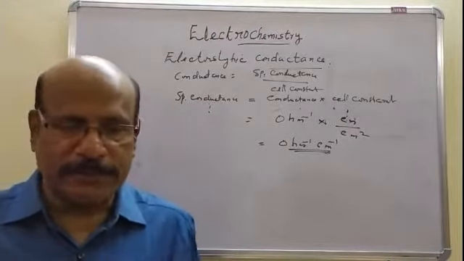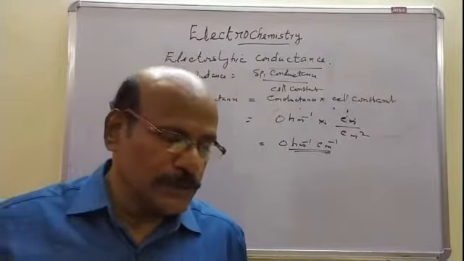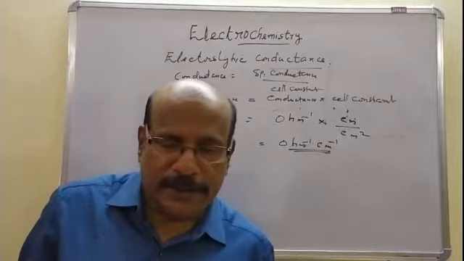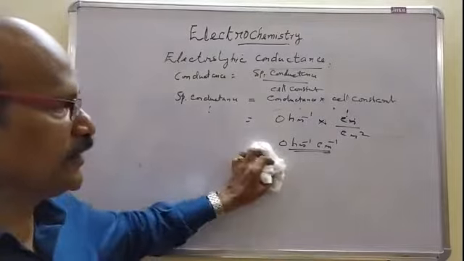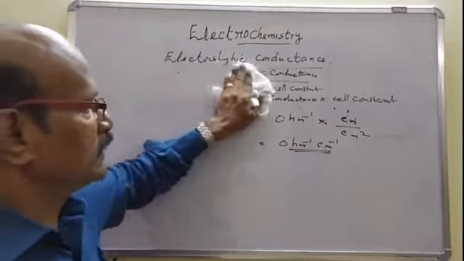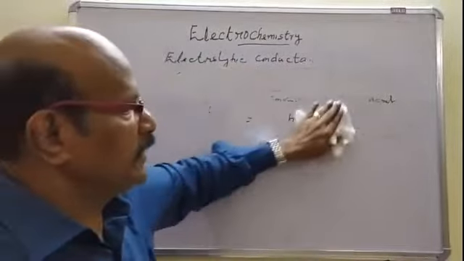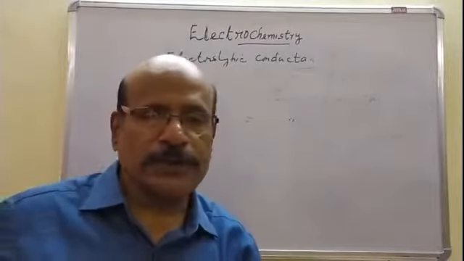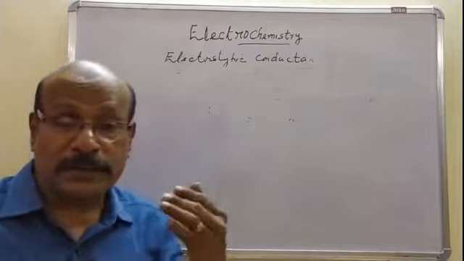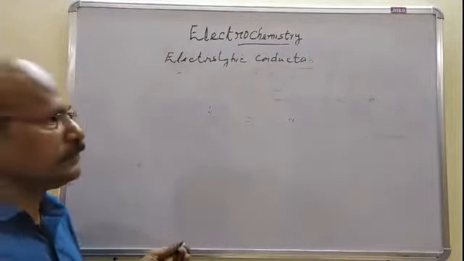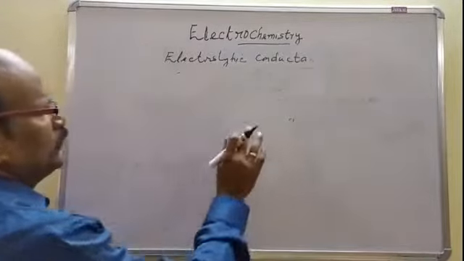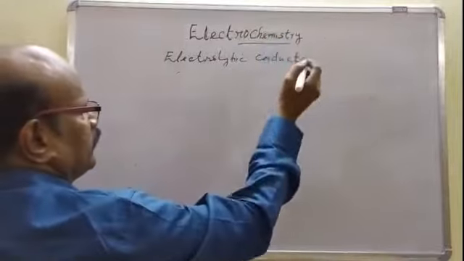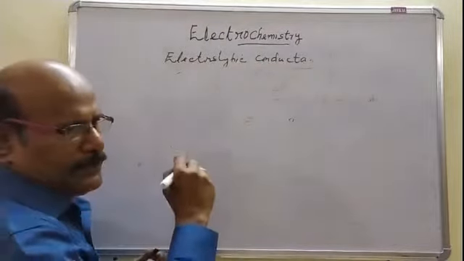So it is mandatory to represent the conductance of an electrolytic solution in terms of the concentration. There are two such concentration terms, and corresponding to them we have two conductance terms in electrochemistry.